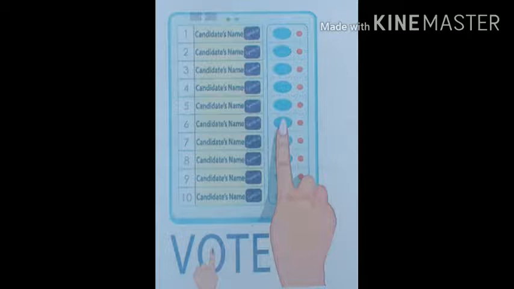The candidate who gets the most votes is declared elected and becomes MLA. The Election Commission of India conducts and monitors the elections. After the election, the party which gets the most MLAs is declared the majority party. The governor invites the leader of the majority party to form the state government.